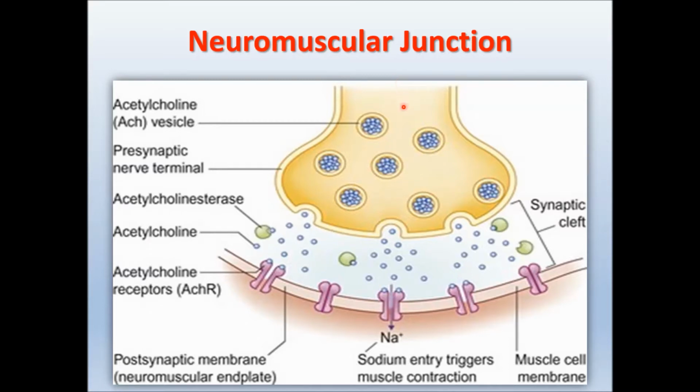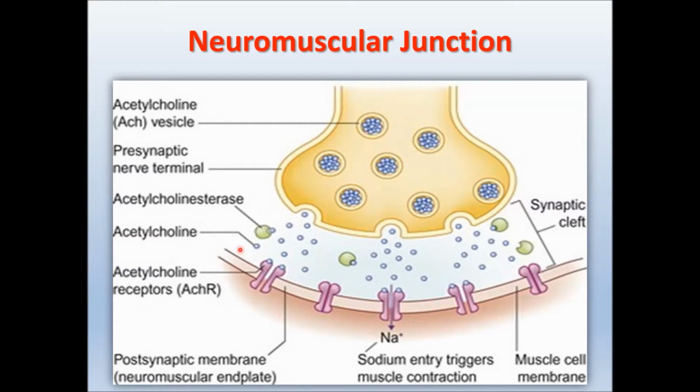This nerve impulse will cause the acetylcholine vesicles to release their acetylcholine in the synaptic cleft. Then the acetylcholine attaches to the acetylcholine receptors here, causing the muscle to contract.